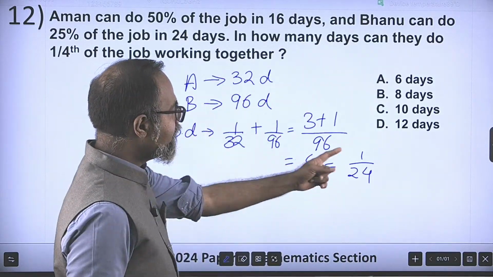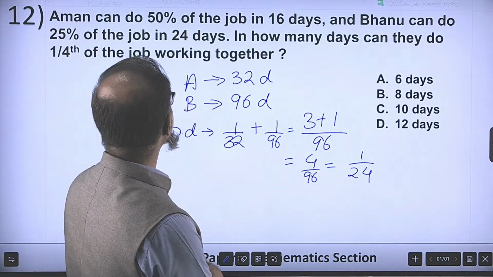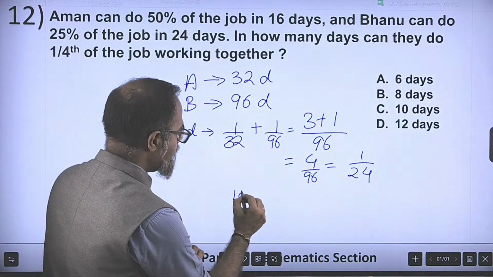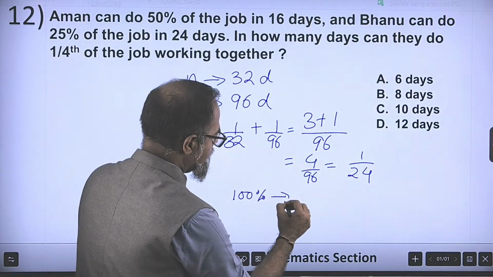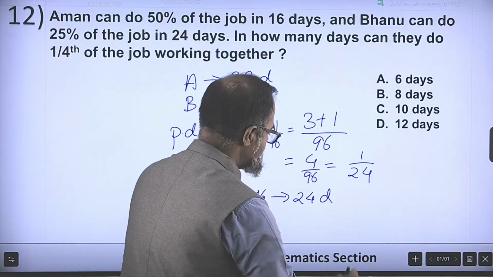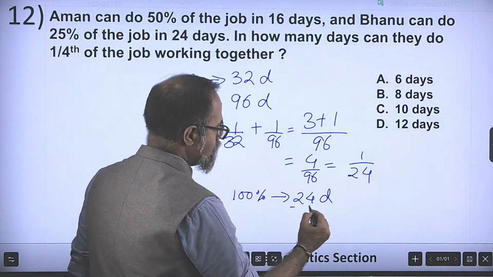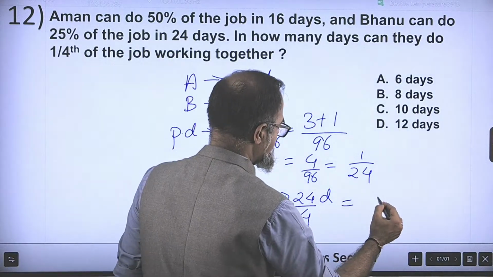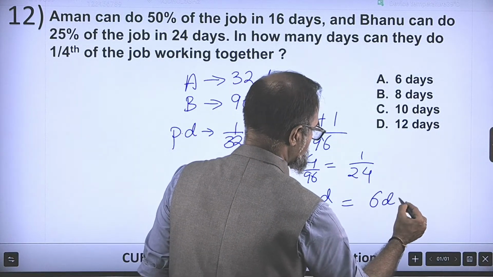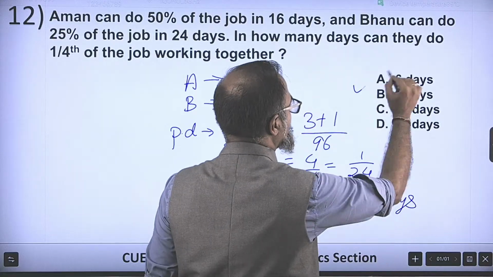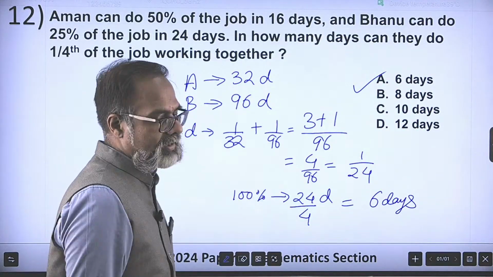So per day they can do 1/24th of the work. So 100% of the work is completed in 24 days, but I need to do 1/4 of the job. So 1/4 the number of days. 4 sixes are 24. So 1/4 of the job can be done in 6 days.